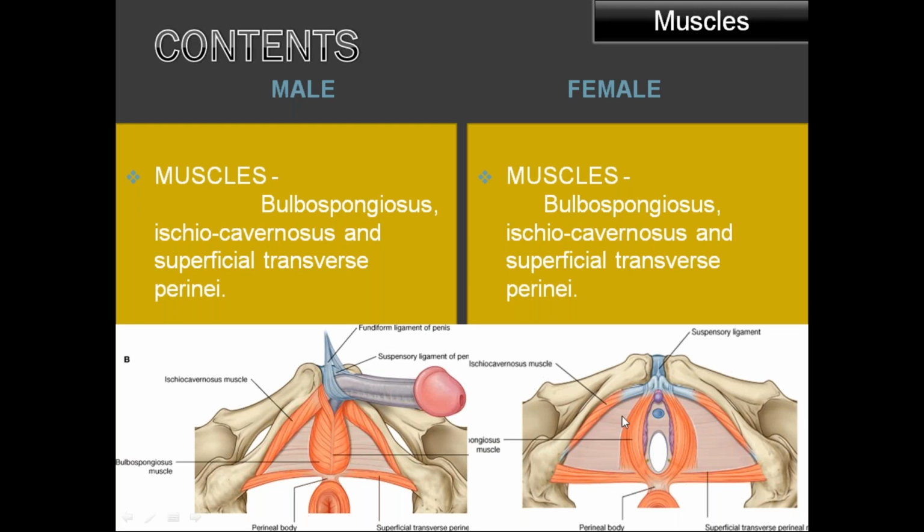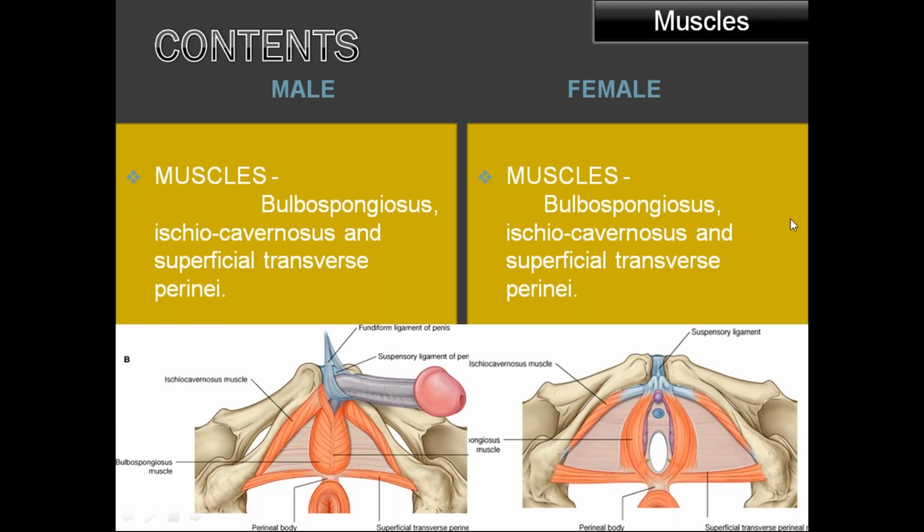Similar picture here also. Ischiocavernosus covering the corpora cavernosa and bulbospongiosus. In case of male, bulbospongiosus, the two muscle fibers are united by median raphe.